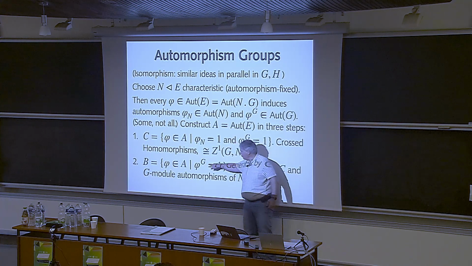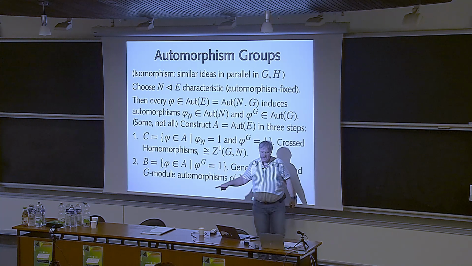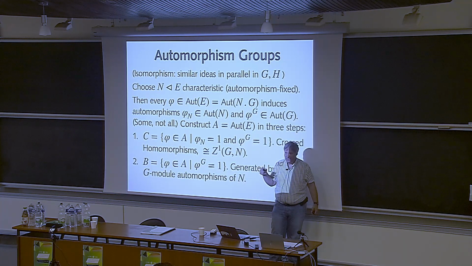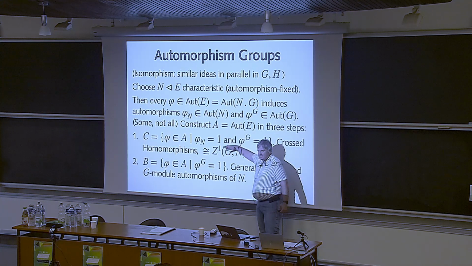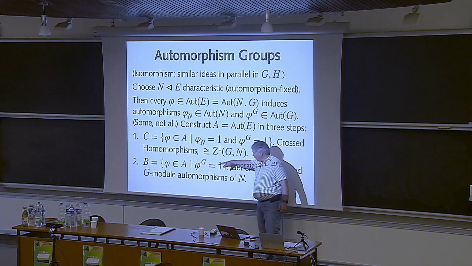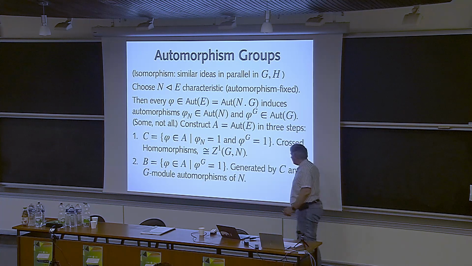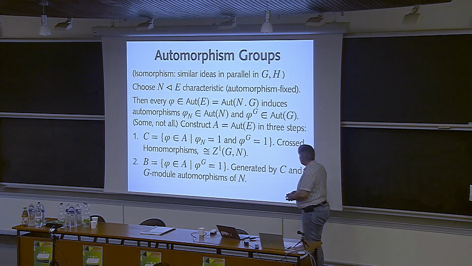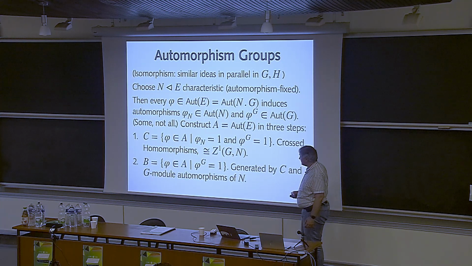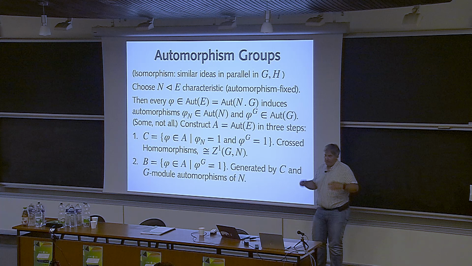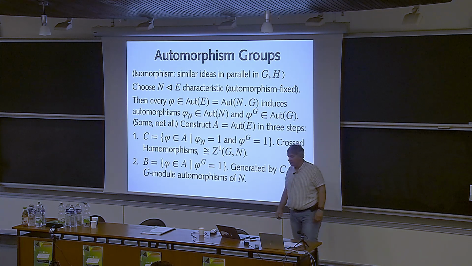Because if I have 2 automorphisms here which act in the same way on n, their quotient will act trivially on n and will be in C. Yeah? So I only need to find representatives. Well, what are these? These are module automorphisms of n, considering n as a G module, and meataxe style techniques can be used for this.